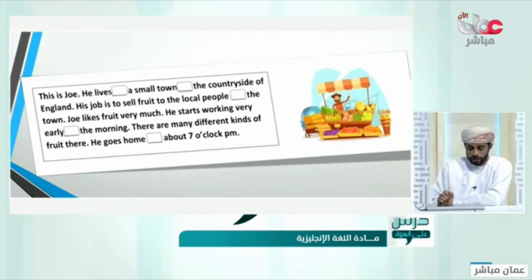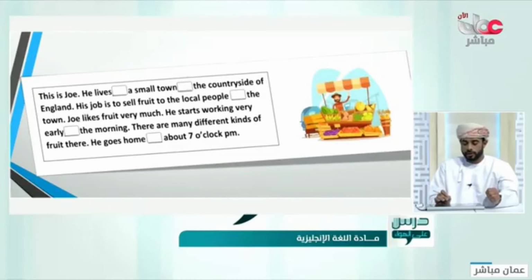His job to sell fruits to the local people, the town. Joe likes fruits very much. He starts working very early the morning. There are many different kinds of fruit there. He goes home about 7 o'clock p.m.